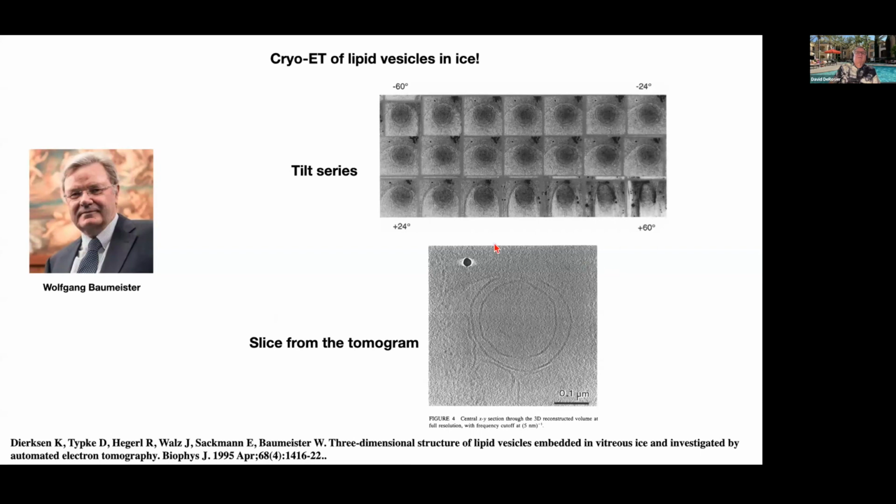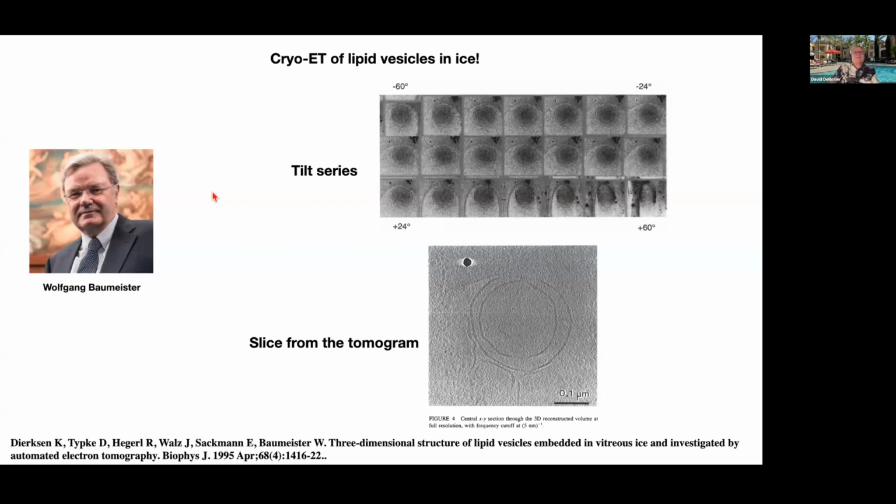Now, we recall that the electron beam is really very destructive. And I sort of thought, I'll speak for me personally, that you couldn't really collect a tilt series because you could take one image, but then the electron beam would have destroyed your sample.